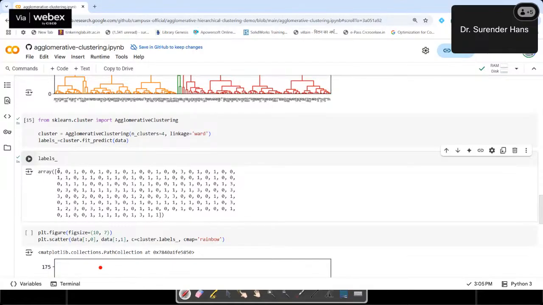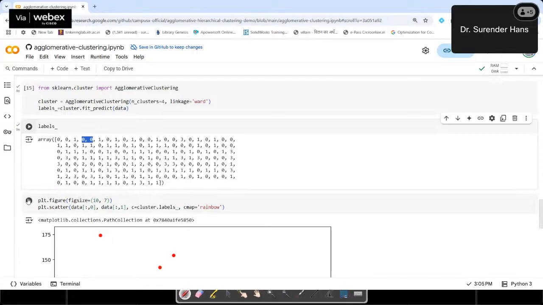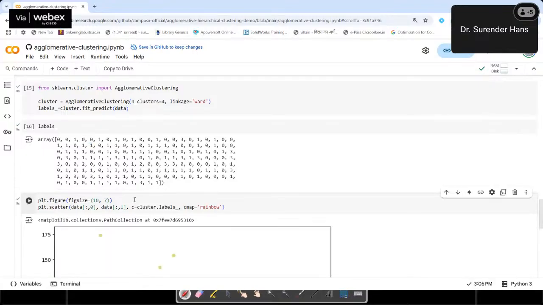The next two data points are again in cluster number 0. Clear? Now this one is the visualization.